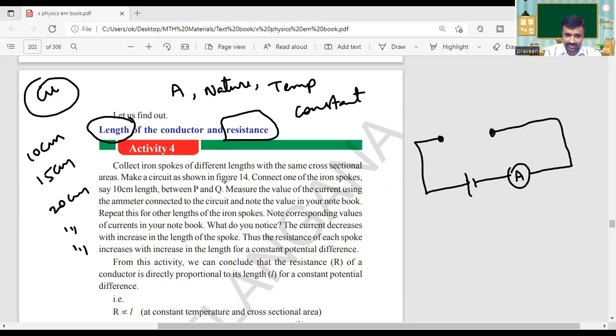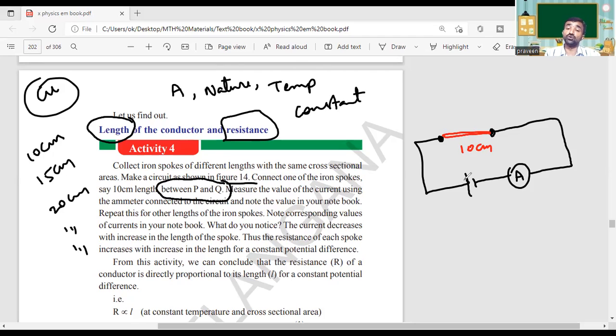Then connect the gap PQ left in figure number 14 with the wire. I connect the wire between P and Q, starting with the 10 centimeters length.